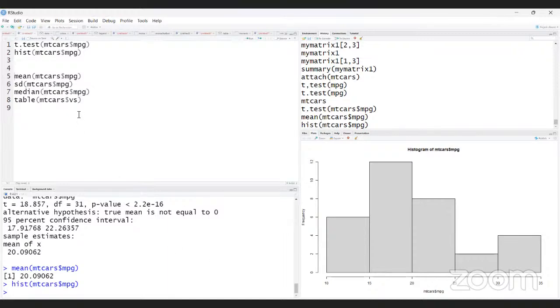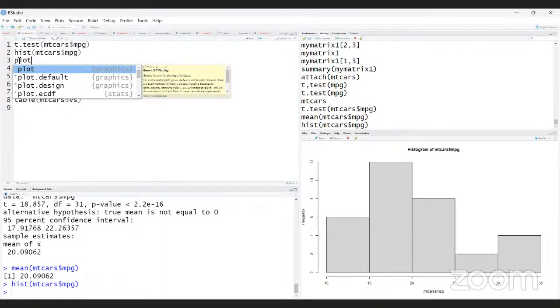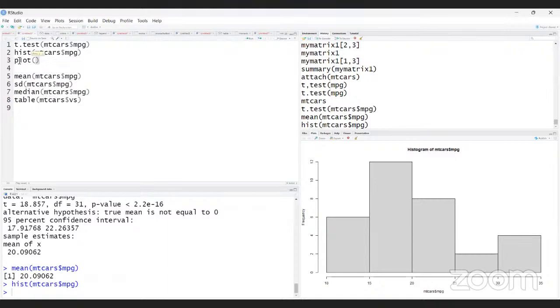Okay. Another thing, we can see it by using the plot command. Plot, mtcars dollar MPG.